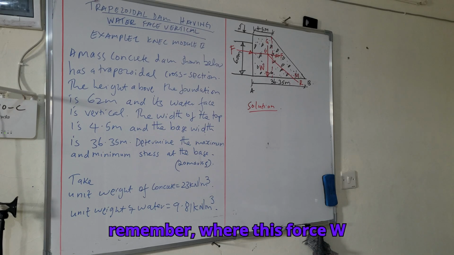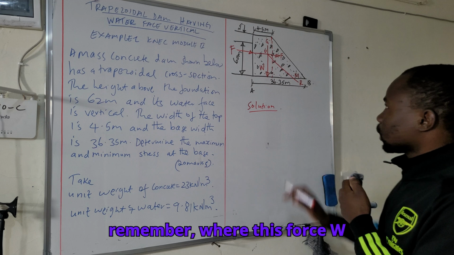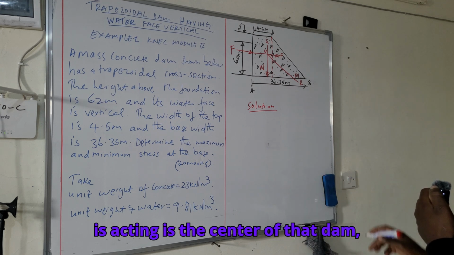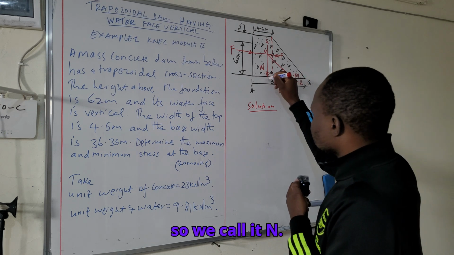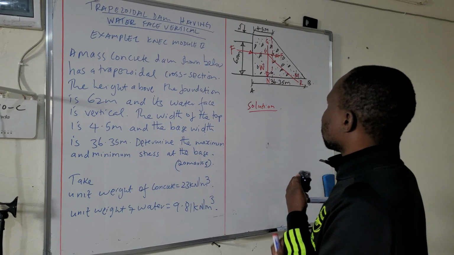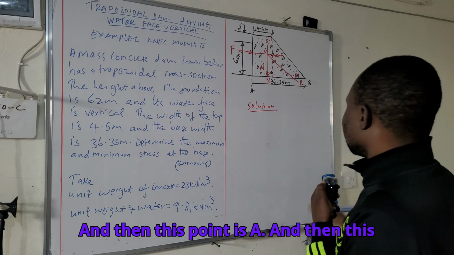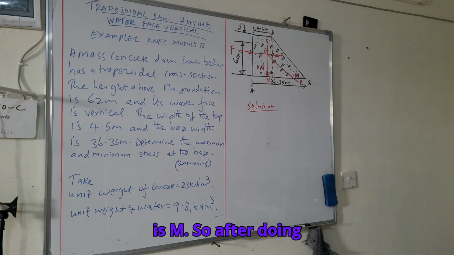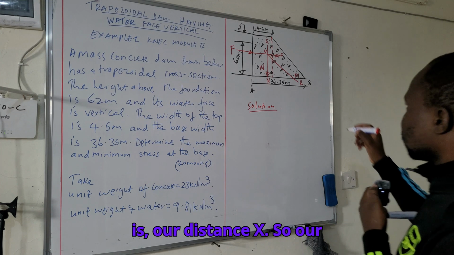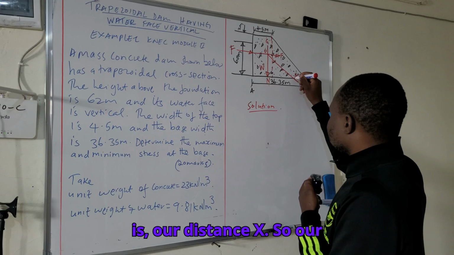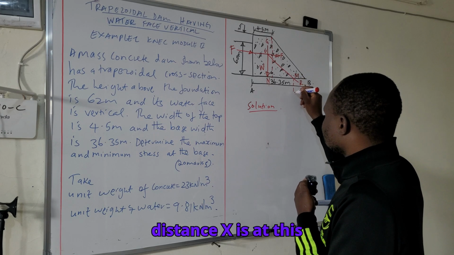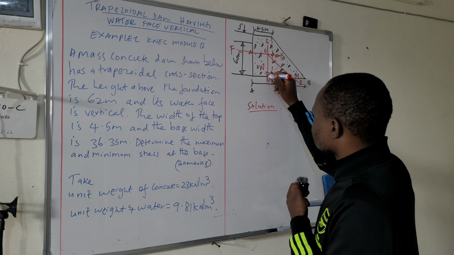Again, remember, where this force W is acting is the center of the dam, so we call it N. Then this point is A, and this is M. After doing so, we can clearly see where our distance X is.